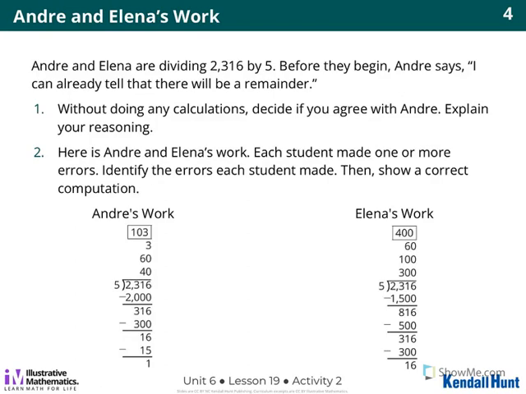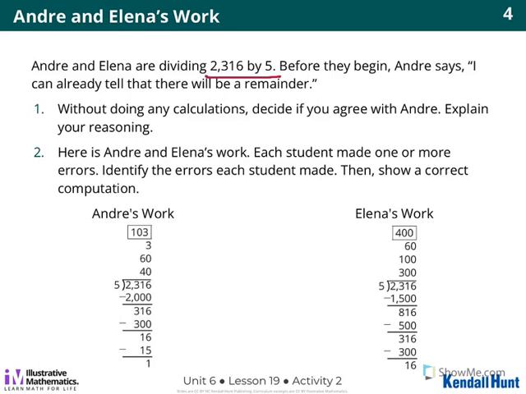All right, now we're going to look at activity 2. Andre and Elena are dividing a big number by 5, 2,316. Before they begin, Andre says, I can already tell that there will be a remainder. Without doing any calculations, how do you know there's going to be a remainder?